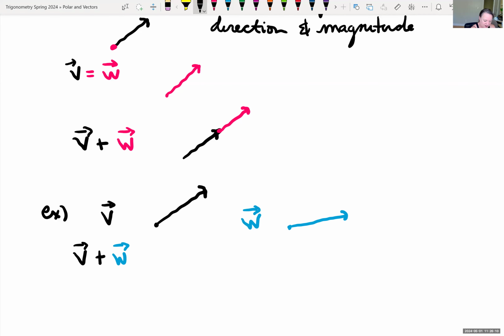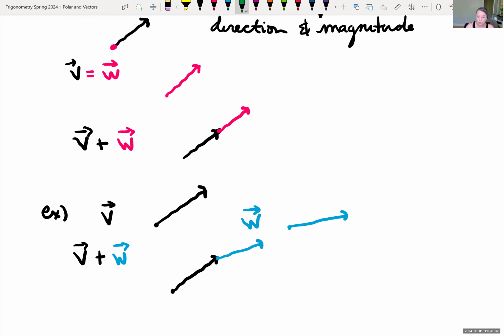we would look at our vector v. At the terminal side of v, we're going to put the initial point of w. It's a little more tilted, like this.